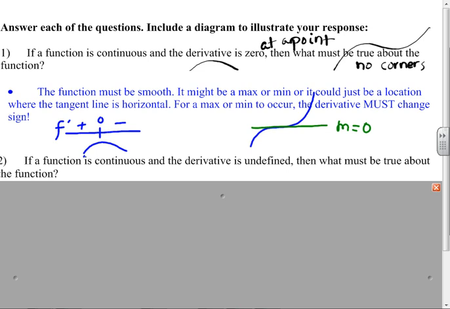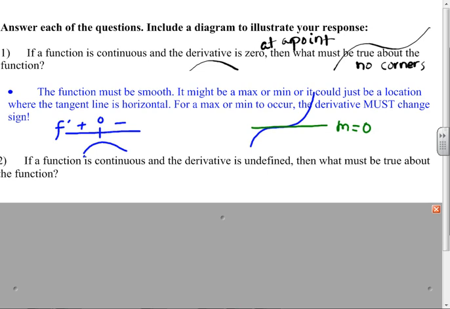What if the function's continuous and the derivative is undefined? It's not going to be smooth. It could be vertical. So I could have this one. That's a vertical tangent right here. Or I could have this. What's true about the derivative at this point?